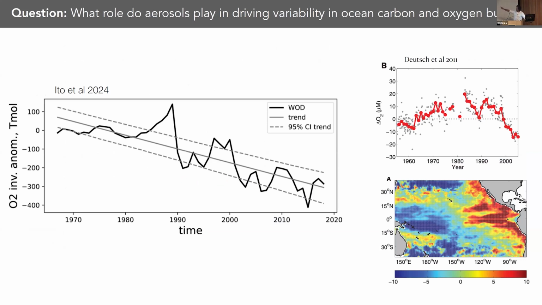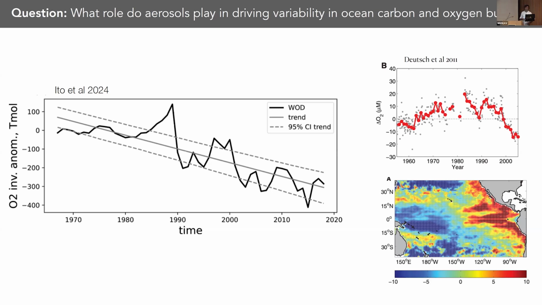The most recent synthesis of the oxygen global inventory shows a general decline in oxygen, but there's a substantial amount of variability from interannual to decadal timescales. You'll see, for example, right after 1980, there's a large increase. Then right after '91, there's a flattening or an increase, then the 2000s.